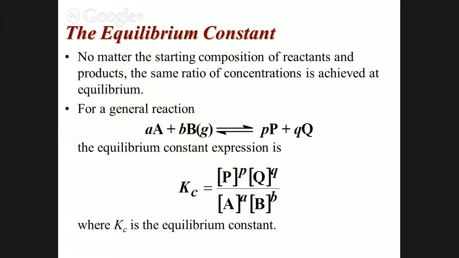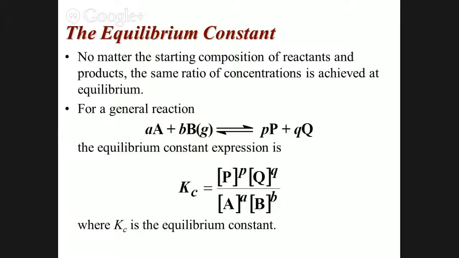We don't include solids in these things, so just the liquids and the gases. If there's a solid in our equation, we don't worry about that. And again, if water is included, water is 1, so that really doesn't impact it either.